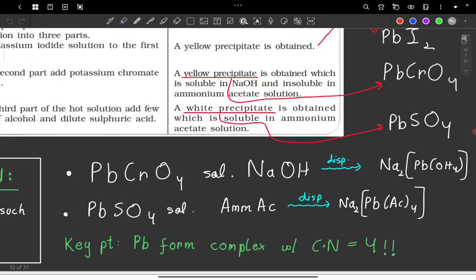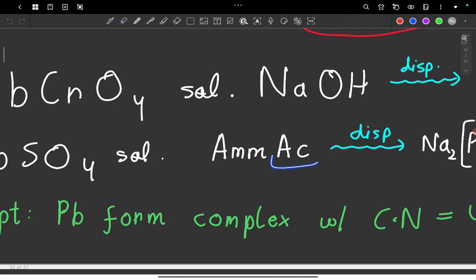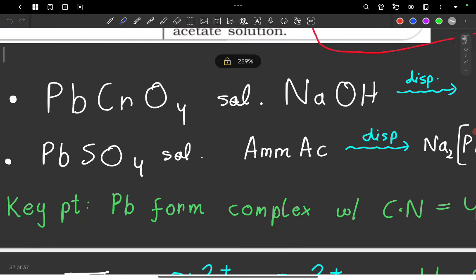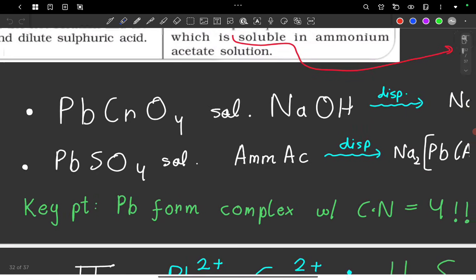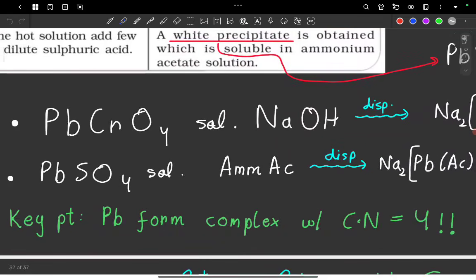And similarly, here we study that the white precipitate formed with dilute sulfuric acid of lead is soluble in ammonium acetate. From here on, we will use AC for CH3COO minus, and we will use AMM for NH4 plus, as in AC acetate, ammonia. Okay. So how is this soluble? Well, this is again a displacement reaction kind of.